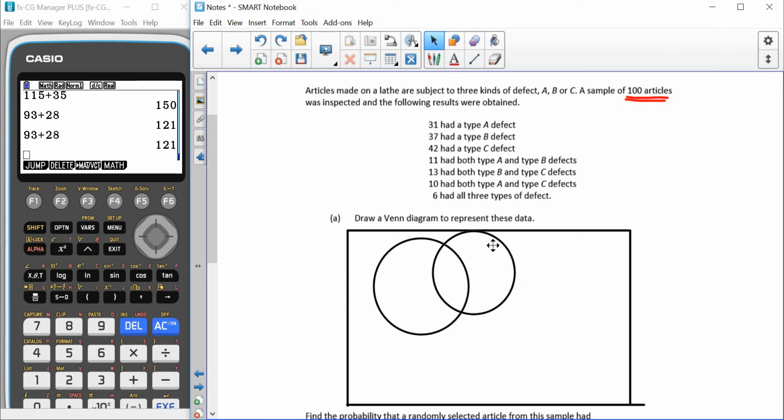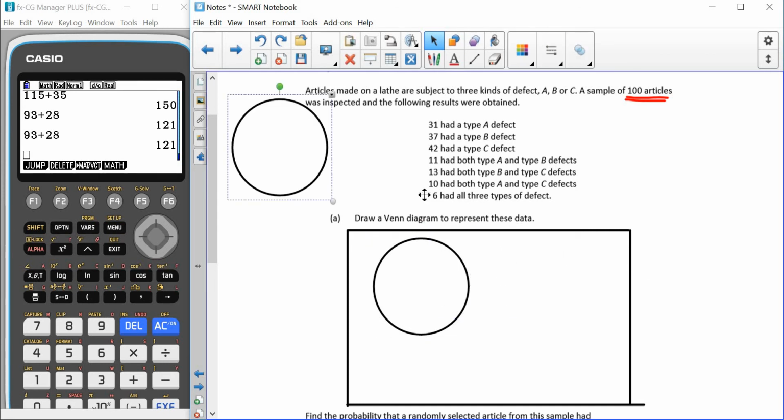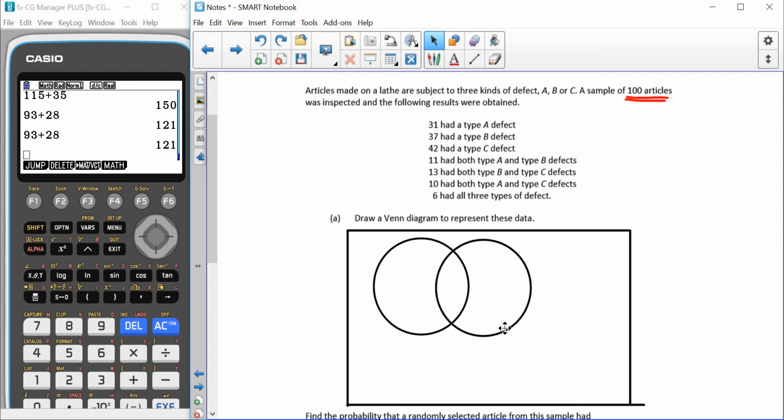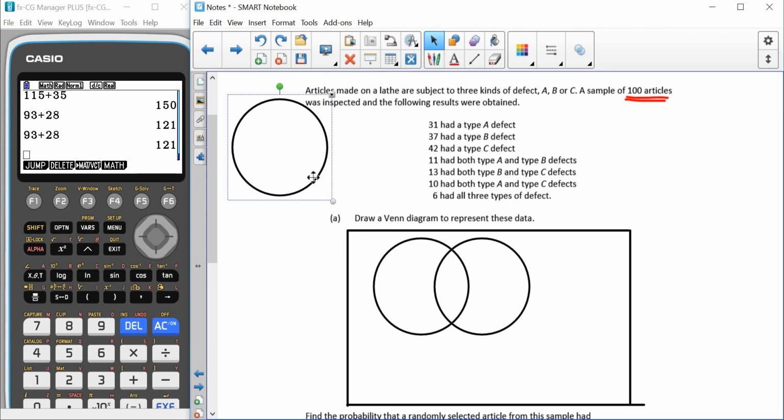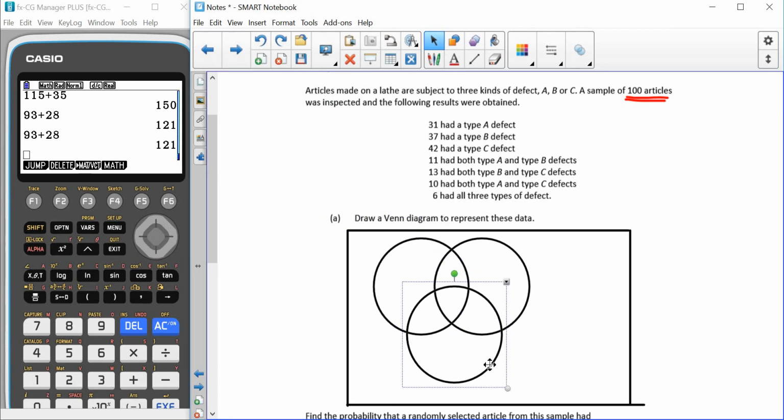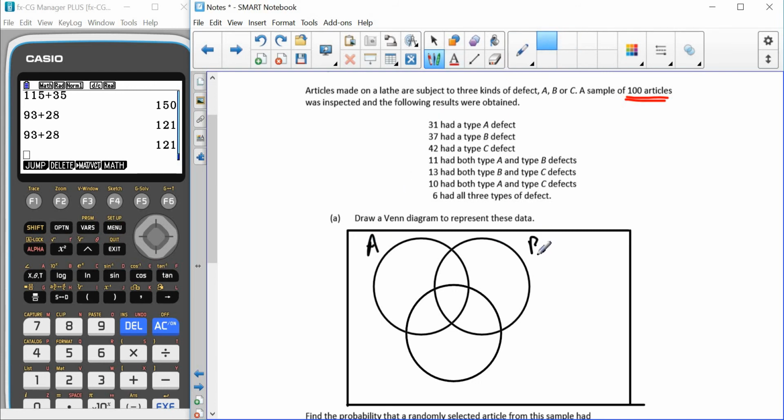Sorry about this, a bit hard to draw on here. I'm going to cheat a little bit. There we go. So one of these circles is going to represent defect A, another one is going to represent defect B, and the last circle is going to represent defect C.